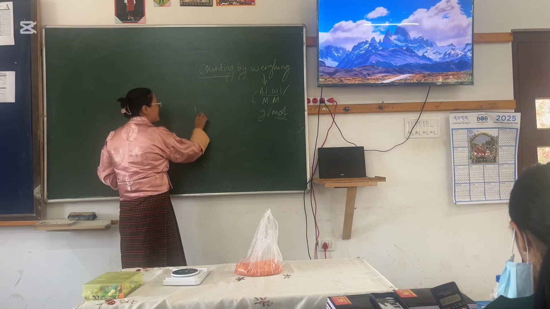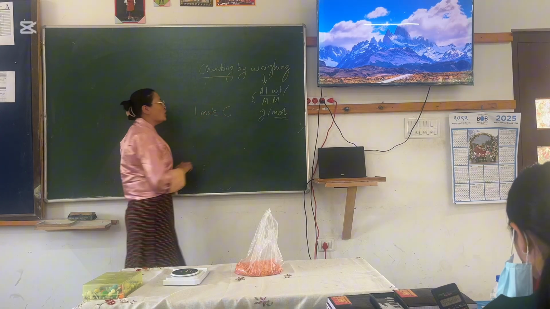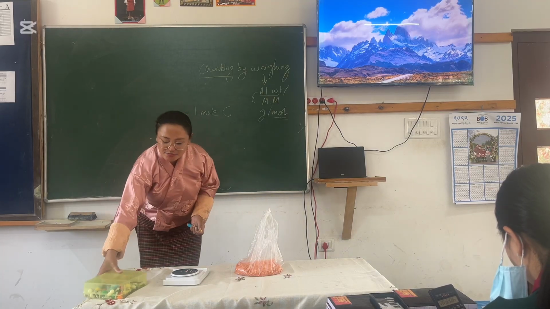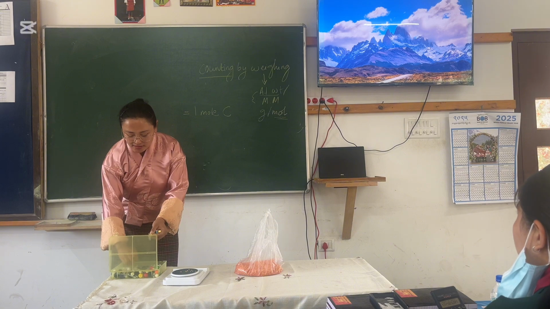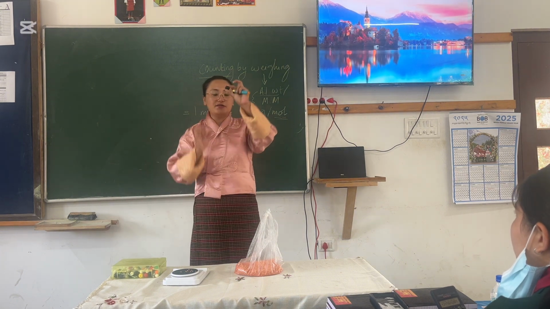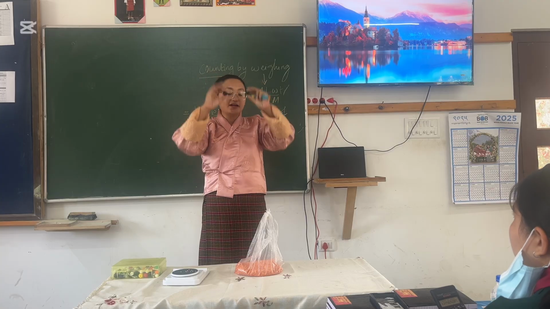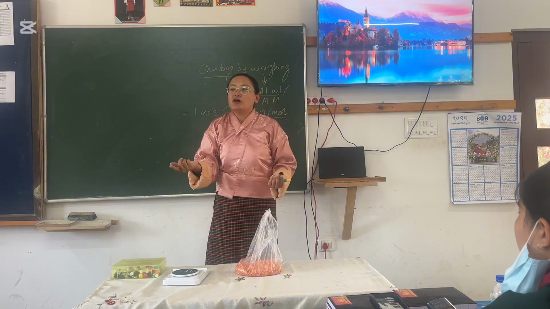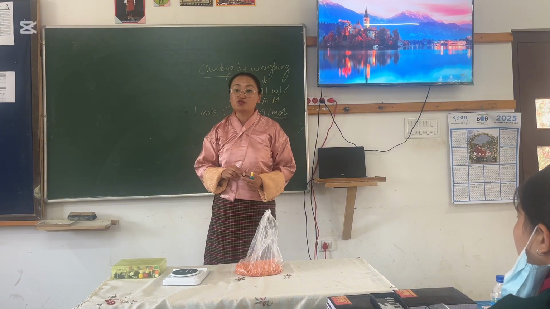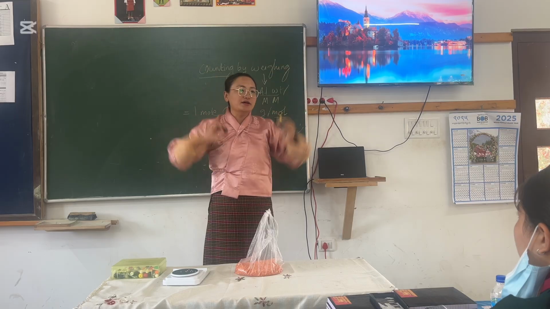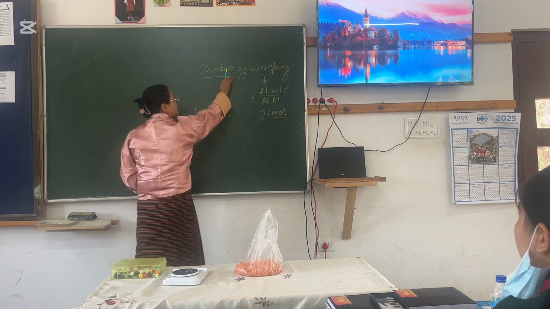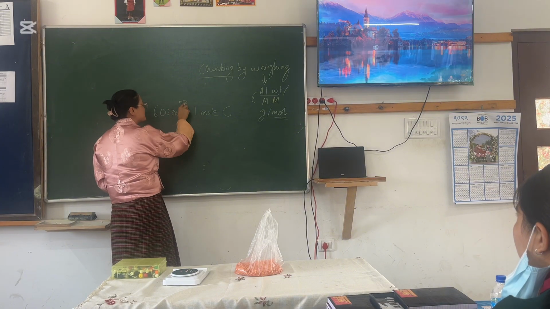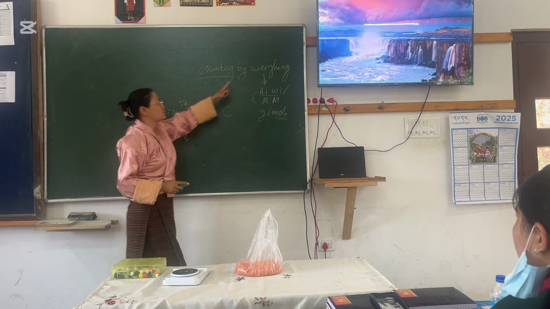Okay, for example, if I ask you for 1 mole of carbon. We know in 1 mole of carbon, how many carbon atoms are there? Let's say this is carbon, which we usually represent by black. If I ask you to get me 1 mole of carbon, we know 1 mole of carbon means 6.023 times 10 to the power 23 atoms. But can you count this many atoms? No. So instead, what will you do?